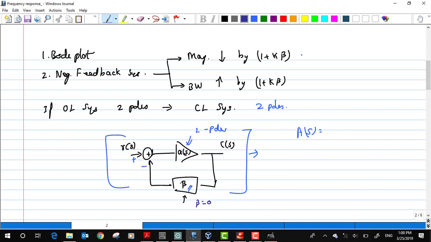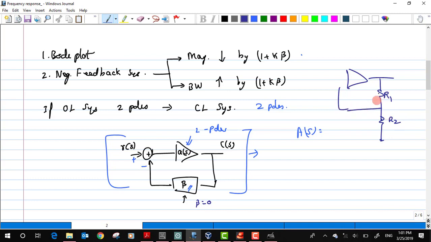Say for example, I'm trying to tap my output and feed a part of my output signal to the input. Am I right? So what could be the maximum feedback that I can give? Obviously it is a resistive network, which doesn't provide any kind of phase shift. Say for example I have a network with R1 and R2.